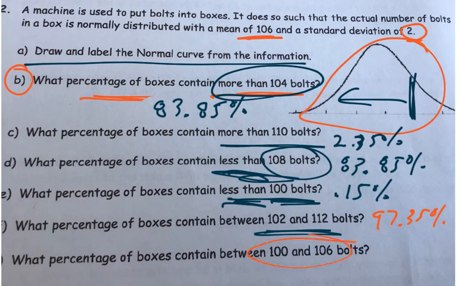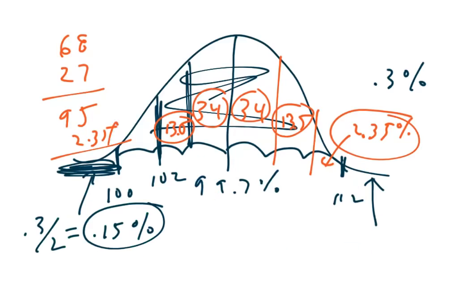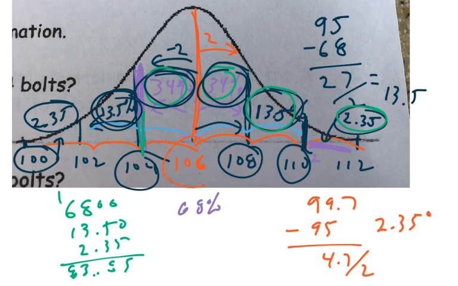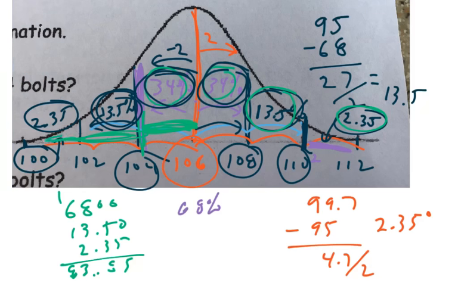Let's do one more, 100 and 106. Notice, guys, 100 is here. 106 is there. Wait a minute, let me make sure I get it right. It's actually the mean or the middle. So all we're really doing, guys, follow the green here. All we need to do is add this percentage interval with that percentage interval, 100 to 106, with this interval, right?